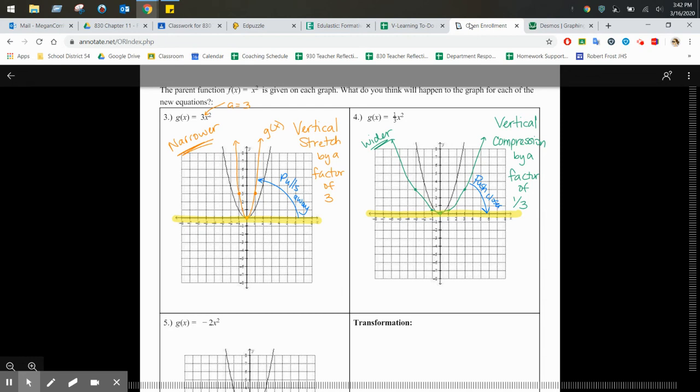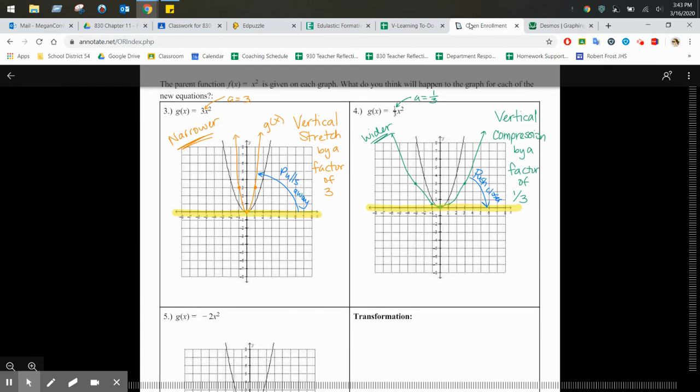All right. So how am I going to know the difference? How do I know when it's going to be a vertical stretch, if it's going to get narrower, or if it's going to be a vertical compression when it gets wider? So it all depends on that A value, right? Here, A was 1/3. So what people usually say is, okay, when I'm multiplying by a whole number, 2, 3, 4, that's when it's getting narrower.